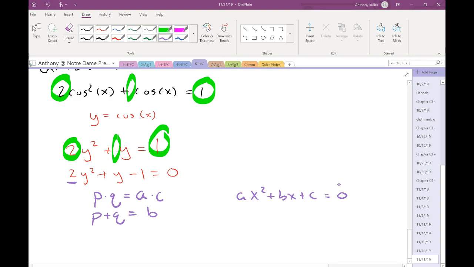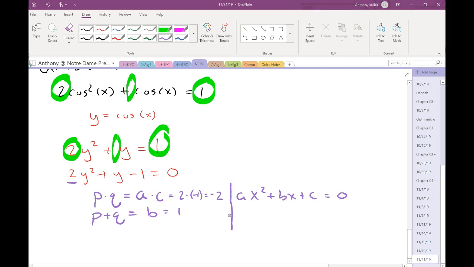So in this case, what is our value for A? And what's our value for C? -1. So that gives me -2. And what's our value for B? 1. So what I need are two numbers that multiply to give me -2, and also add to give me +1.